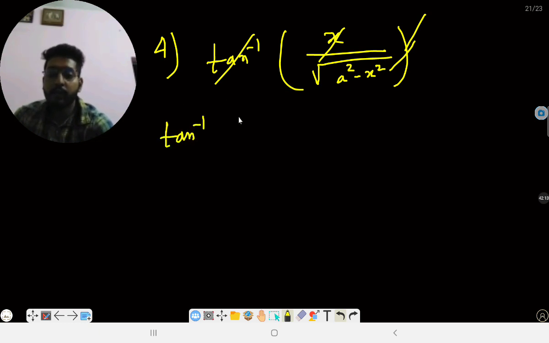tan inverse of root under of a minus x by a plus x.